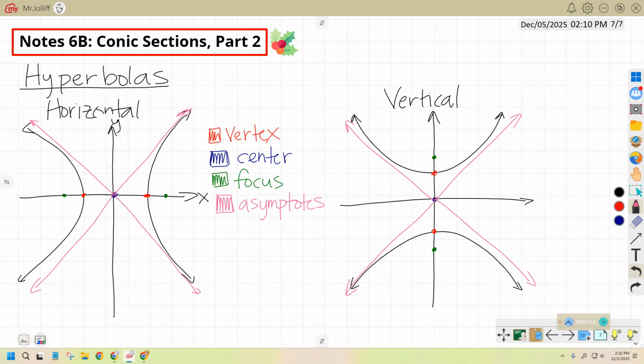Generally, when I want to draw a hyperbola, if I know where the vertices are and I know how big the box is, drawing the curve is pretty easy. I draw those diagonals and the curve starts at the vertex and goes out along the asymptotes. It's actually less scary to draw than a lot of our other curves.